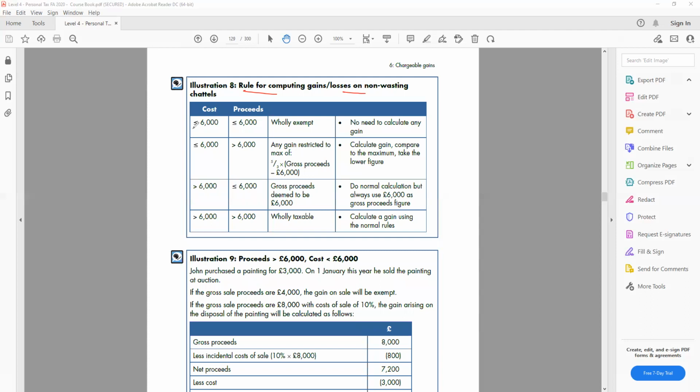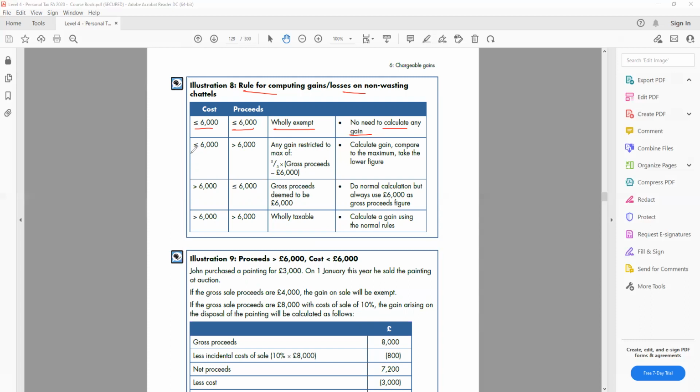If the cost is less than 6,000 and the proceeds are less than 6,000, then it is wholly exempted. No need to calculate any gain.